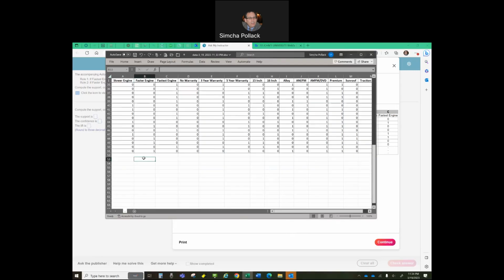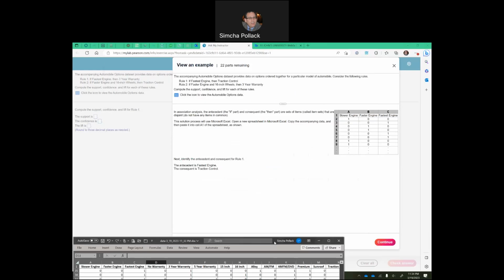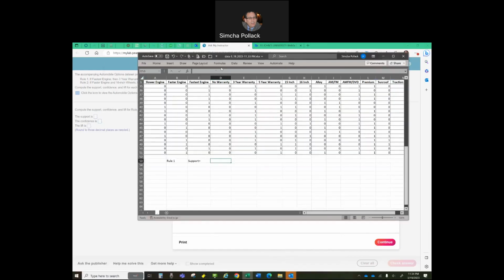Rule 1, support equals, and we're going to create a formula. For the support, we have to recognize that fastest engine is column C and traction control is column N.